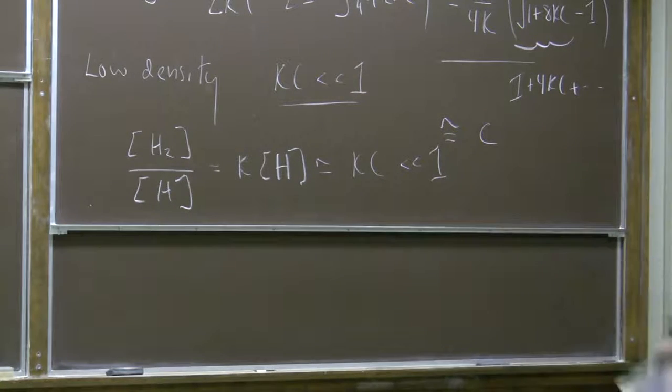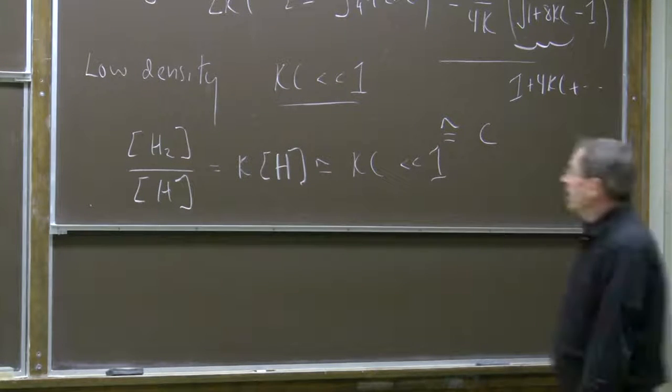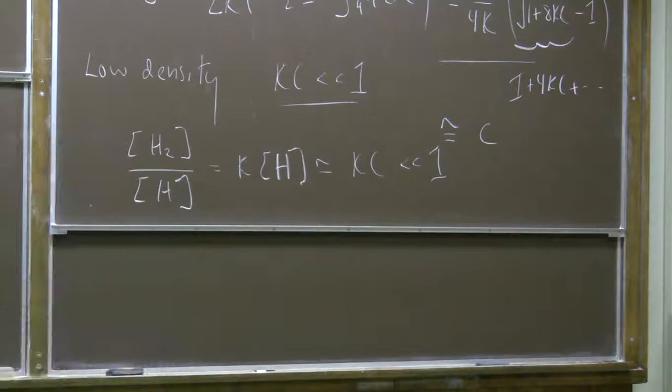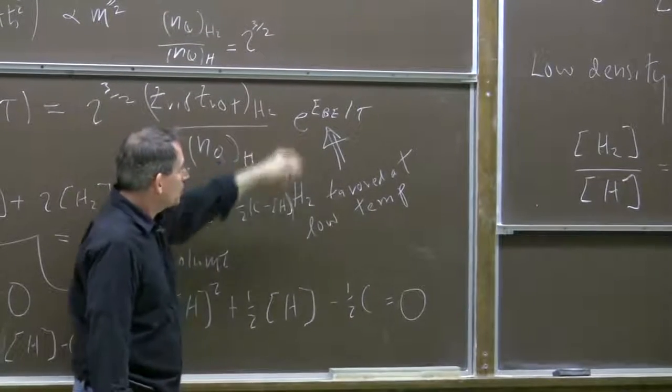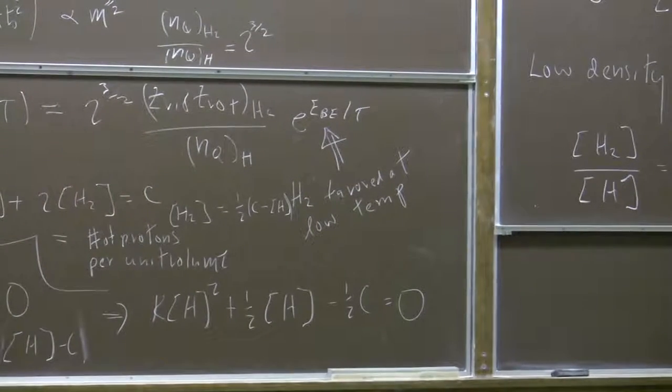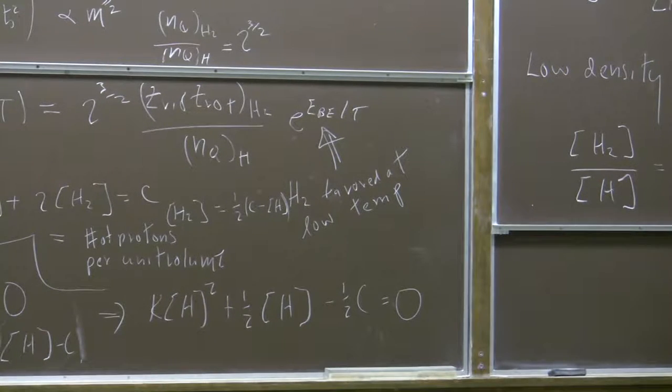So the hydrogen is almost all dissociated, but of course low density also means sufficiently high temperature, because the constant K has this exponential in it, which is going to become large when the temperature gets small enough compared to the binding energy. So then we cross over into the high density region.